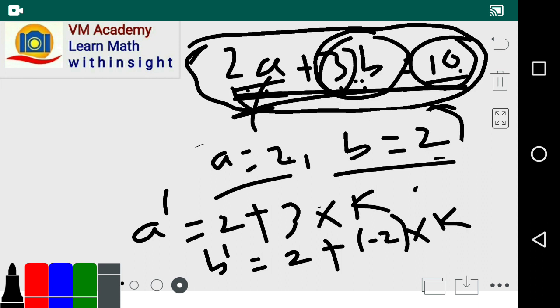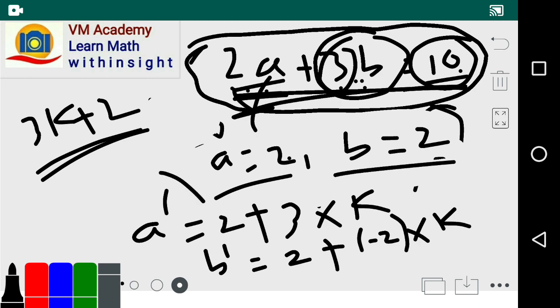So 2 plus 3K, that means 3K plus 2. Now this must be greater than or equal to 0, friends. That means 3K greater than -2, that means K greater than -2 by 3. And K is an integer, so K greater than -2 by 3 means K must be greater than or equal to 0. So from this condition we get K must be greater than or equal to 0.